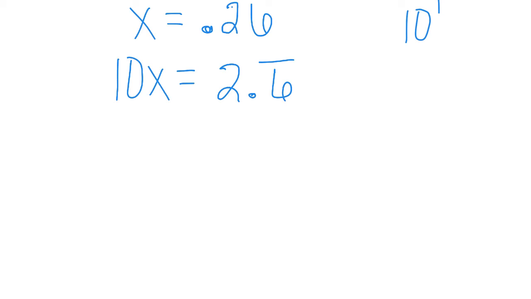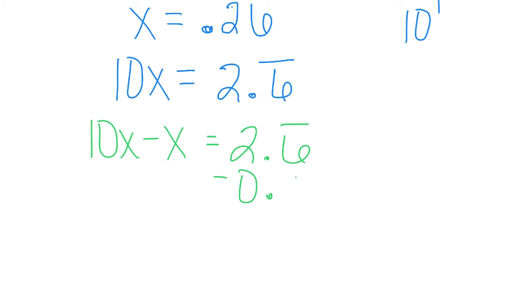Okay, now that we've multiplied both sides by 10, we need to get rid of the repeated decimal. And if we remember from our previous questions, to get rid of the repeated decimal, we're going to subtract an x. On the left side, we're going to have 10x, and we're going to get rid of an x. But on the right side, we're not going to subtract x. We're going to subtract what x is equal to, which is 0.2 with the repeated 6. So I have 2.6 repeated, and I am going to subtract 0.2 with a 6 repeated.